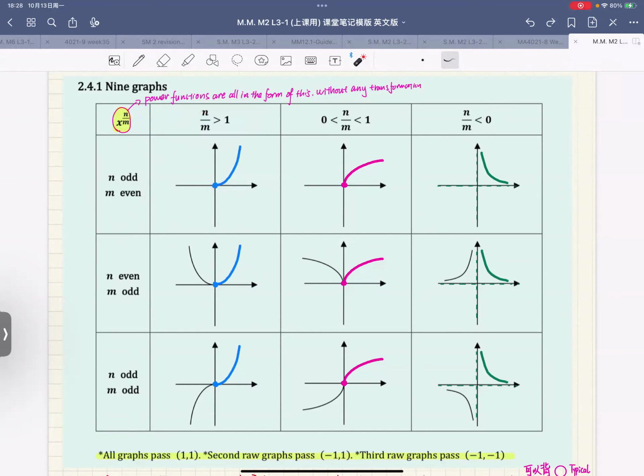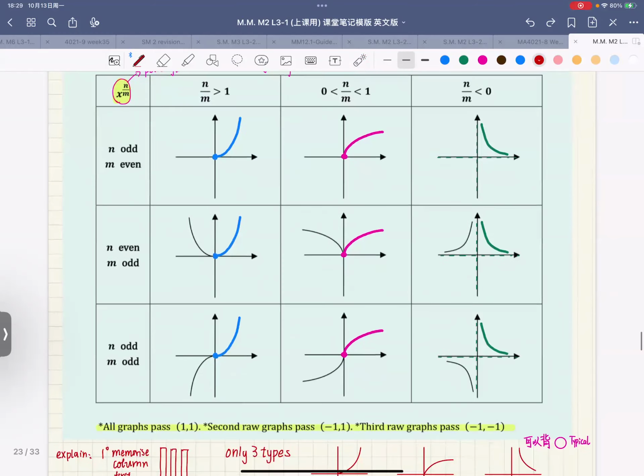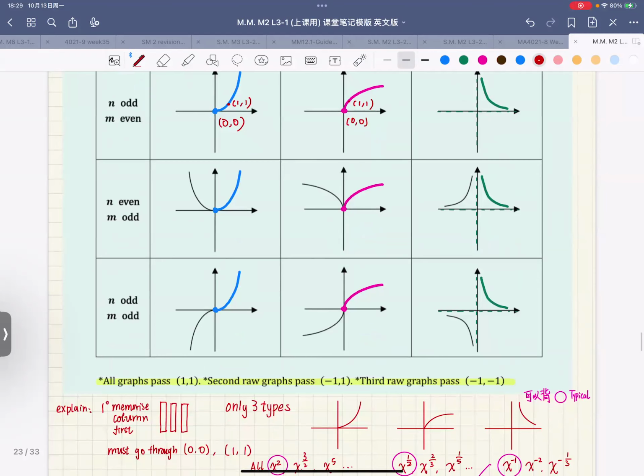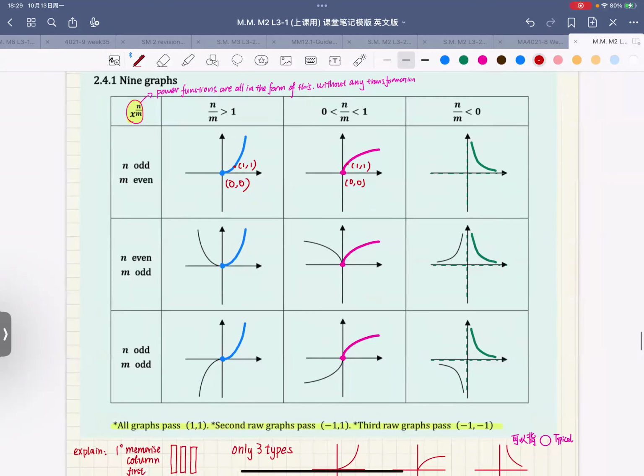It's definitely not a perfect graph, but it shows you the shape of the graph and where the graph starts. I will also mark the key points. All these graphs, except these 3 on the right-hand side, will pass the points 0, 0 and 1, 1. They all pass 0, 0, and 1, 1.